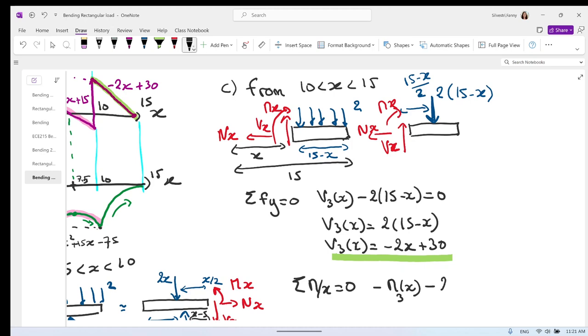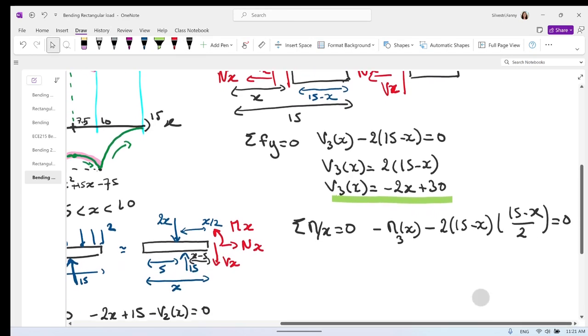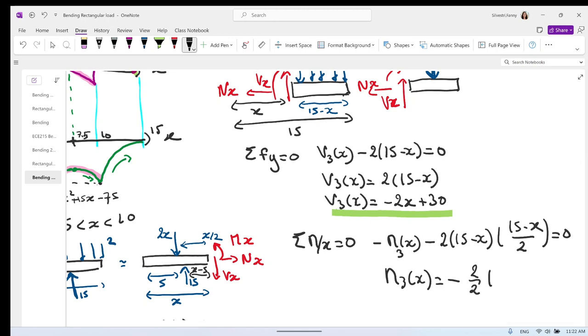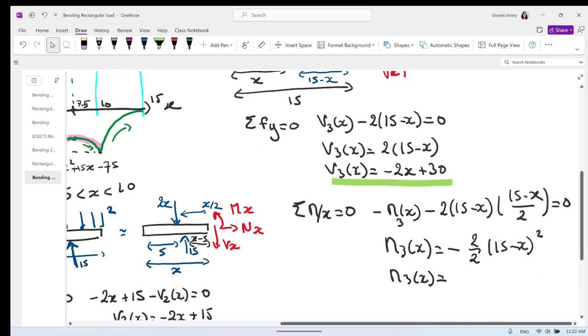So minus 2 times 15 minus x, the force, times the distance, that is 15 minus x divided by 2, equals 0. So we have M3 of x equals minus 2 divided by 2 times 15 minus x squared. So M3 of x equals minus 15 minus x squared.